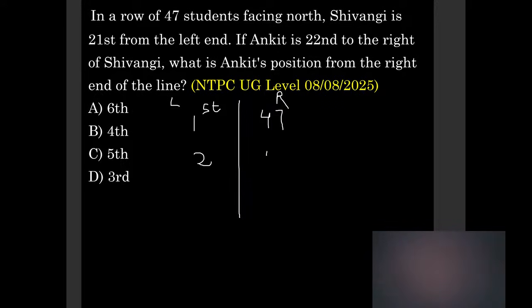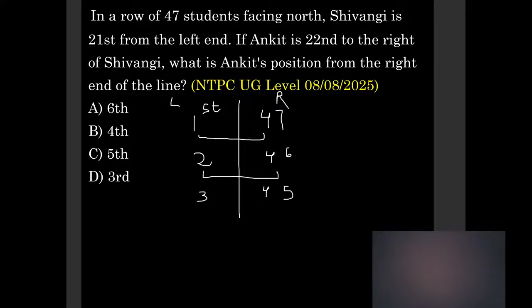Next, the second person from the left becomes 46 from the right end. So when the side changes, if you add any two, it becomes 48. Similarly, the third person from the left end becomes the 45th from the right end. So like this, if we add any two, it becomes 48.